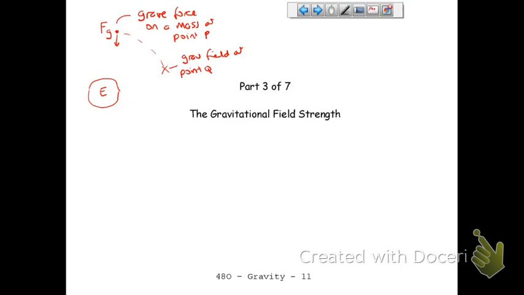I could turn around and say, what's the gravitational field at point P? And if I know the gravitational field, I can find out the gravitational force. So I'm going to call this grav field little g. This is little g.